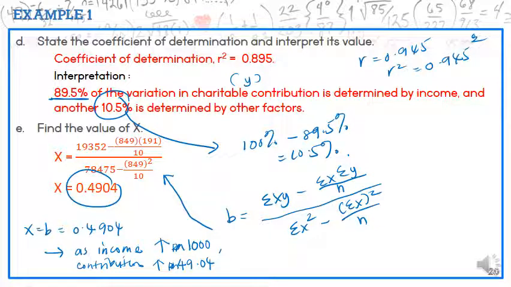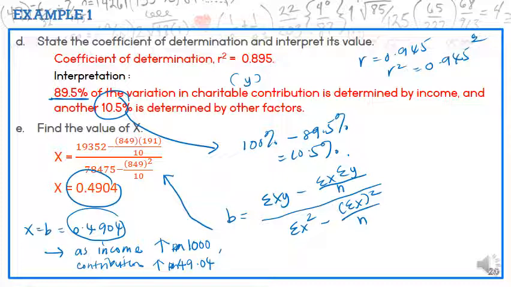Okay, because B yang awak dapat ni adalah a change in Y per unit increase in X. Per unit increase in X. Because X awak in 1000 RM, so 1 unit X increase bersamaan dengan RM1,000.